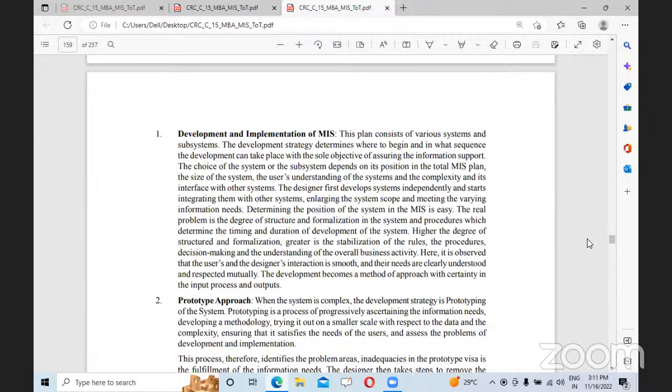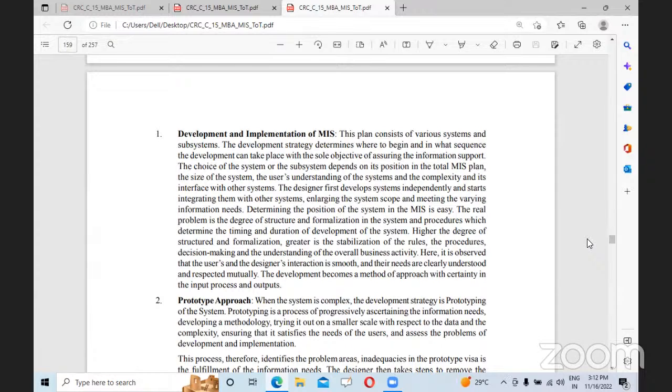Development and implementation of MIS. This plan consists of various systems and subsystems. The development strategy determines where to begin and in what sequence the development can take place, with the sole objective of assuring the information support.